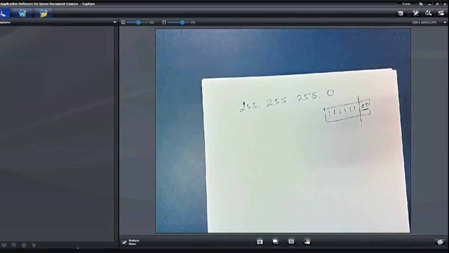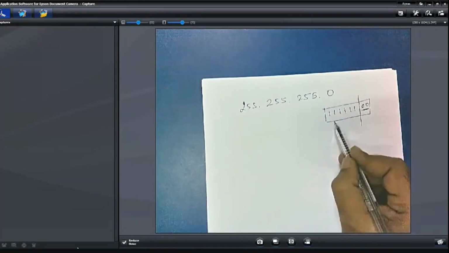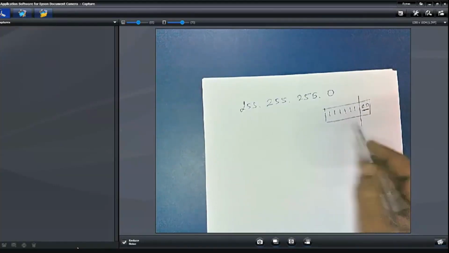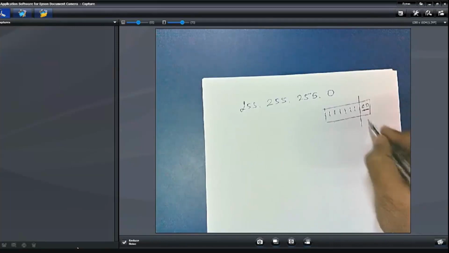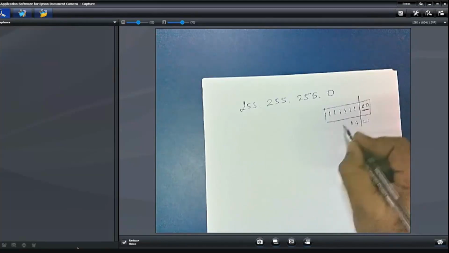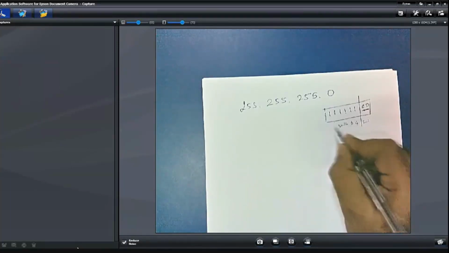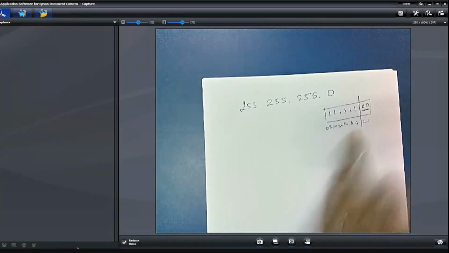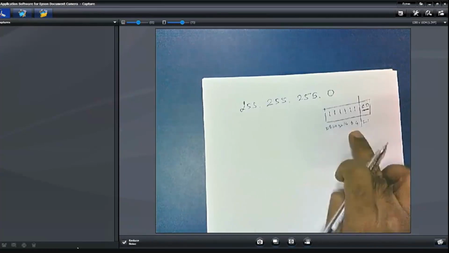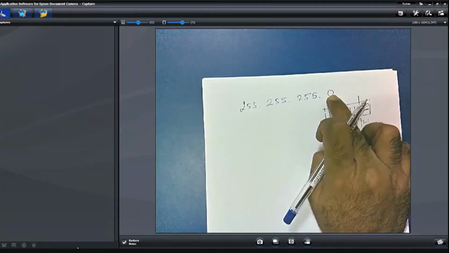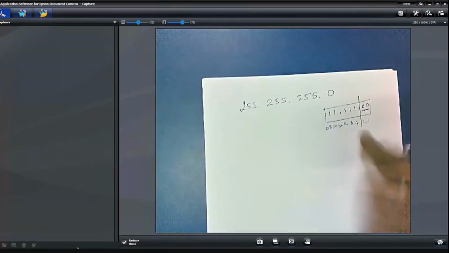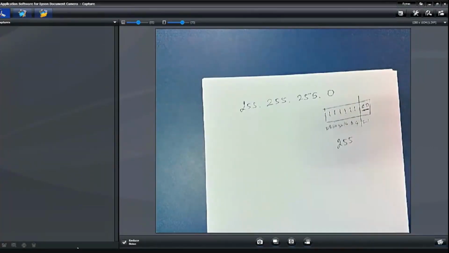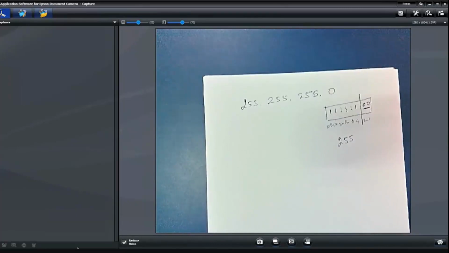Now for this, we have to find the place value. That means this is 1, 2, 4, 8, 16, 32, 64, 128. You have to add everything here, and you will get your new subnet mask. No need to add. The total, if you make all 8 ones, is 255.